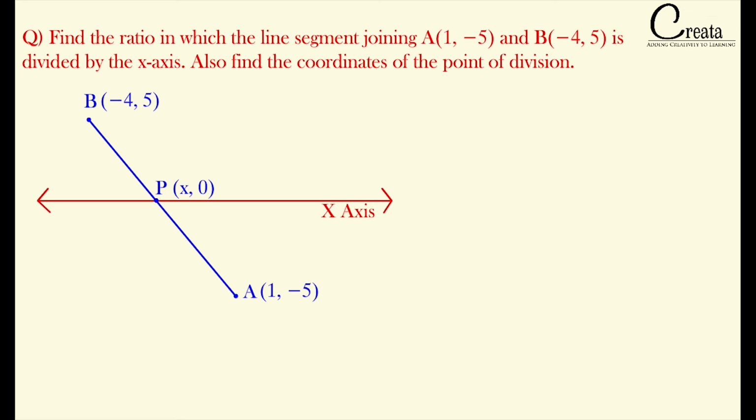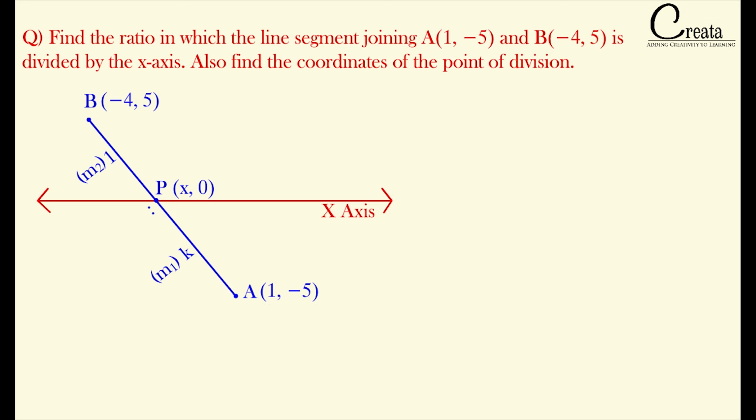Further, let's assume this point P is dividing this line segment in the ratio of k is to 1. Here m1 is to m2 we have assumed as k is to 1, for simplicity. Further, we have to calculate the ratio in which the point P is dividing this line segment. We also have to calculate the coordinates of the point of division, that is, the coordinates of the point P.